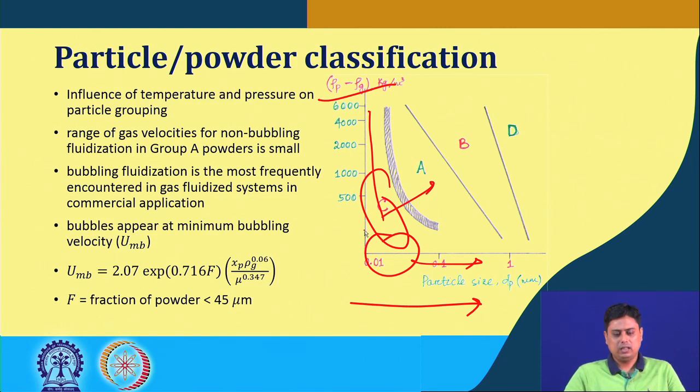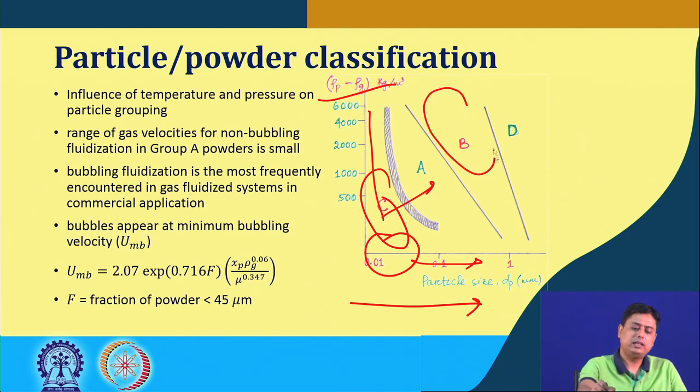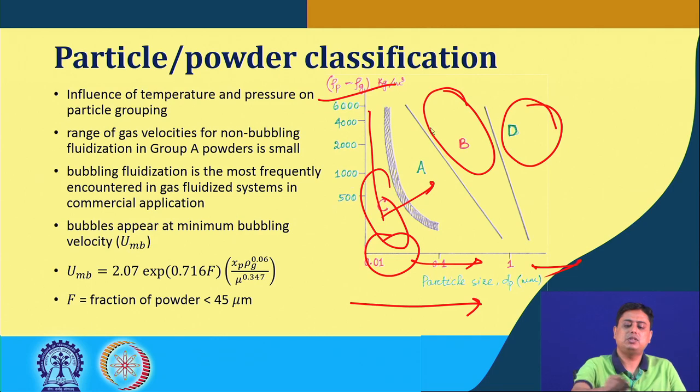With further larger size and higher relative density, we have group B particles, and with further increment in particle size, we have the larger size material, which is group D.